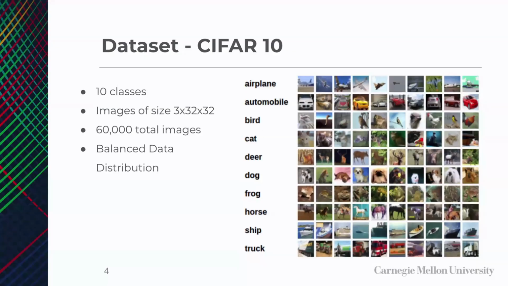That means they all have the same height and width, and they're colored images. There are 60K total images in this data set. And this data set has a balanced distribution, which means that there is no imbalance. All those 10 classes have the same equal amount of data.